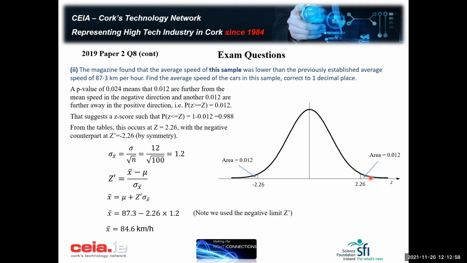Correspondingly, 0.012 on the other end would be equally extreme. So the total probability of having a more extreme result is 0.024, and that's how they got their p-value. Okay, but we work backward from that to work out what that X must have been, and the answer is 84.6.